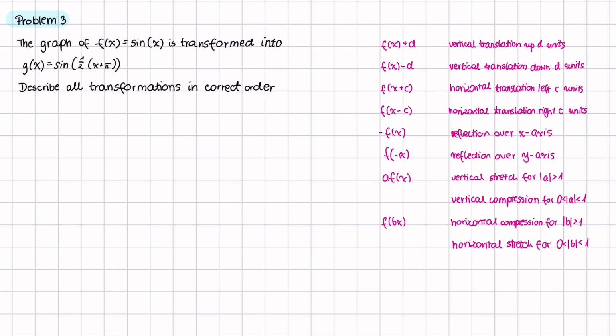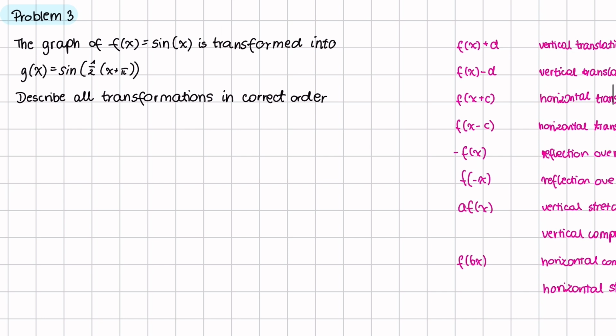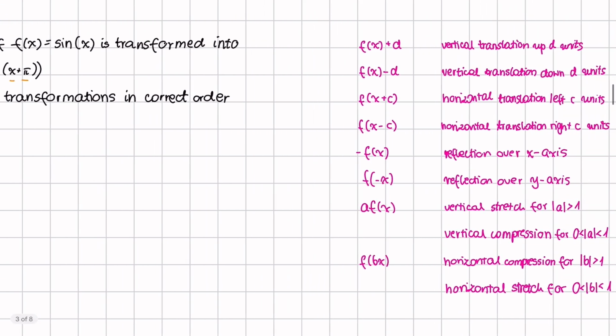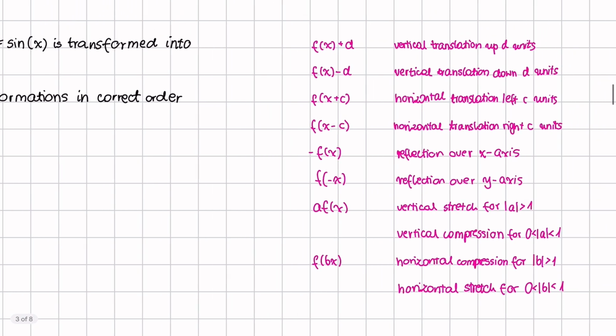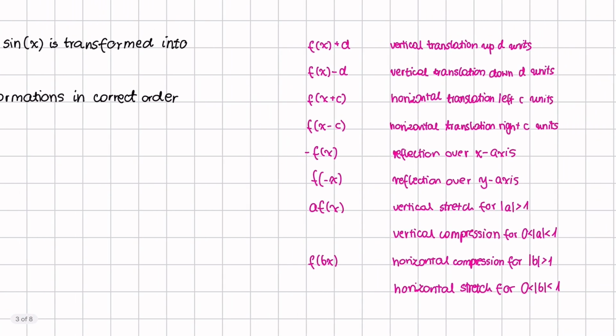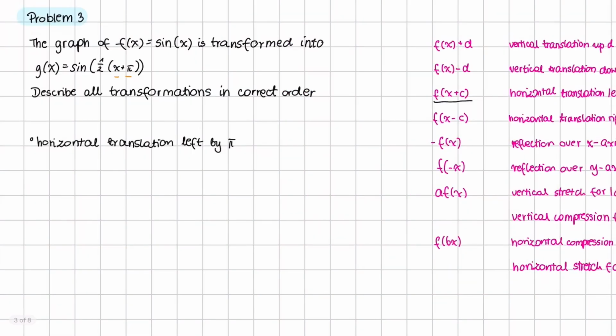And firstly, our first transformation is something that happens next to x. And next to x, we can observe that we have x plus pi. So our first transformation, we have plus, so we have a horizontal translation left by pi units.